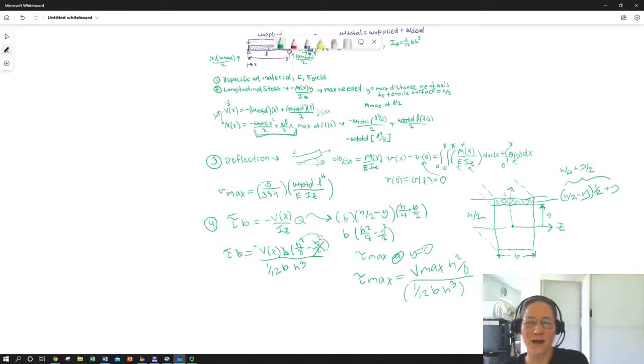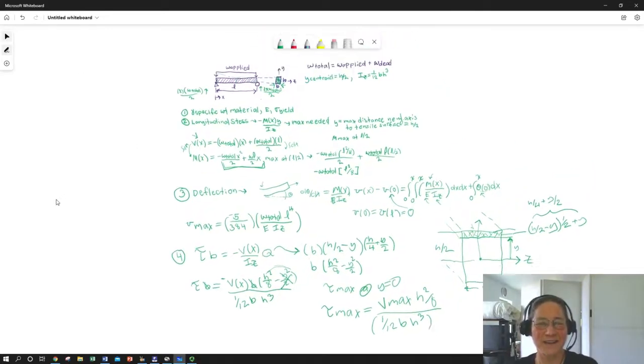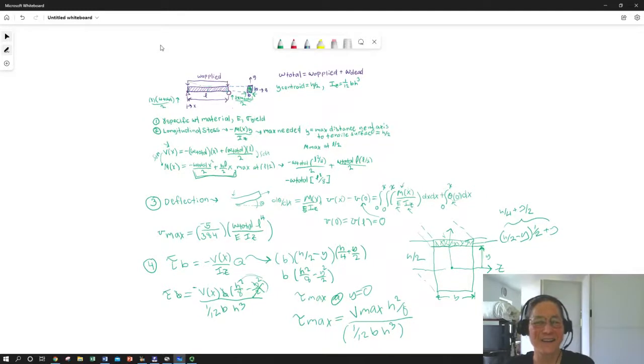So you've got a squared relationship of beam height in longitudinal stress effectively, but only linear with shear. So making that beam tall is going to be more consequential for our longitudinal stress. But we can get as much bang for our buck widening the beam as making it tall if shear becomes limiting.